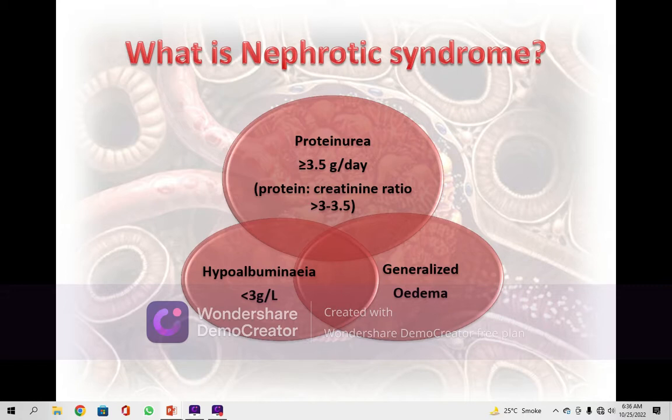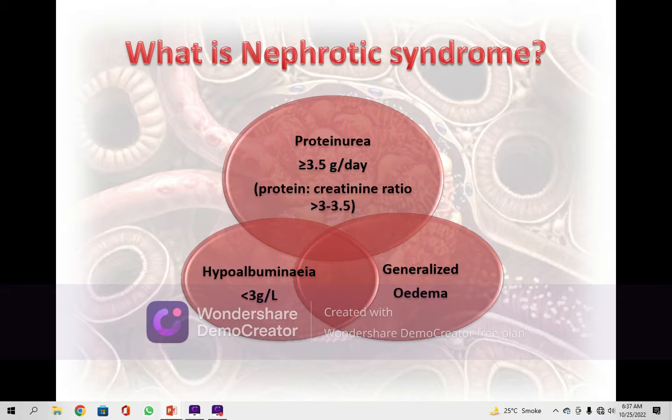A 24-hour collection of urine protein will be advised for this patient. And the protein to creatinine ratio, if you do this, is more than 3 to 3.5, although you usually will not do this. It is the urinary protein to urinary creatinine ratio that is more than 3 to 3.5.